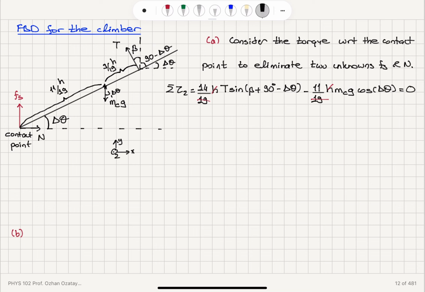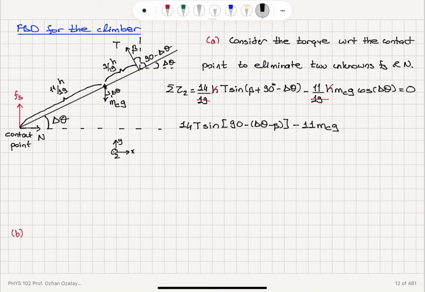So I'm left with an equation: 14 tension sine of 90 minus delta theta minus beta minus 11 weight mcg cosine delta theta equals 0.